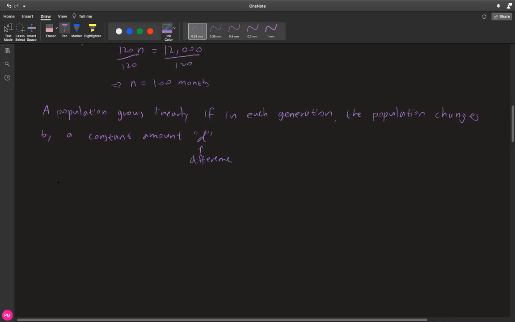Here, d is called a common difference, because it changes by a consistent amount. So this is a common difference. Let's talk about some facts about arithmetic sequences. That was an example of an arithmetic sequence.